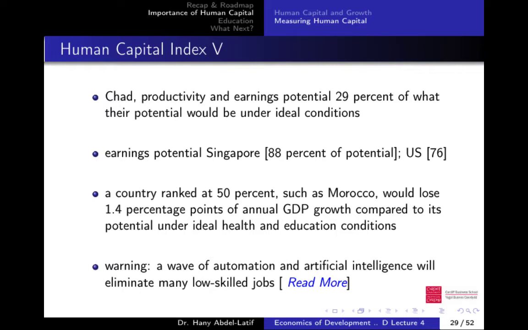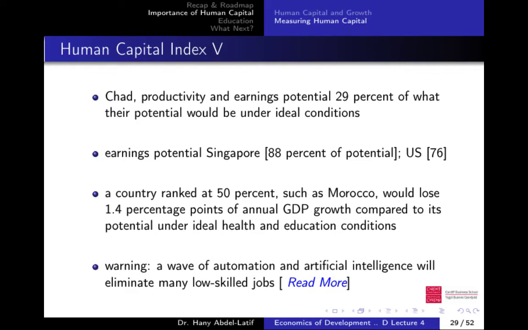So they have only 29% of their potential compared to ideal conditions. When I talk about ideal conditions here, I talk about health and education. The same figure in Singapore, which comes top of the list, is 88% of their potential. In the US, it is 76% of their potential.